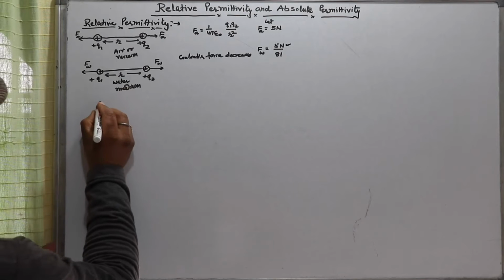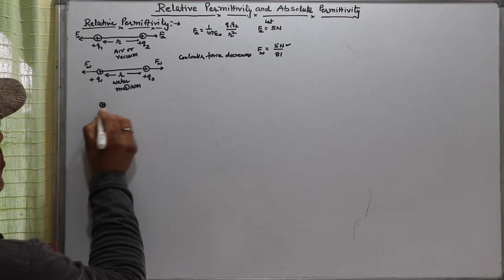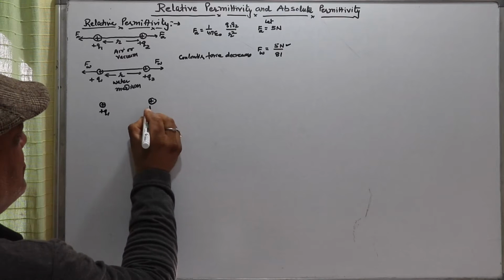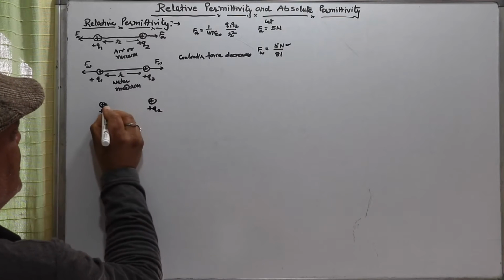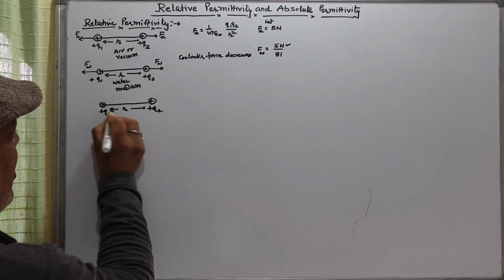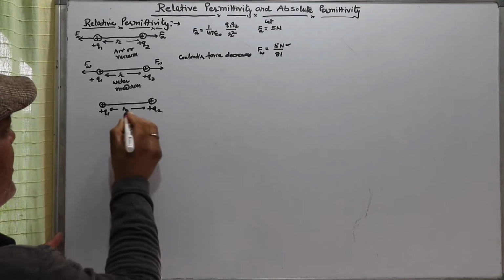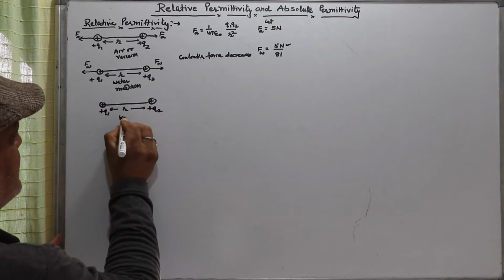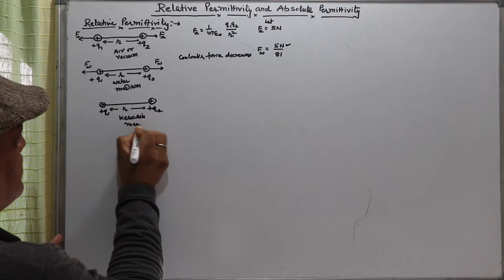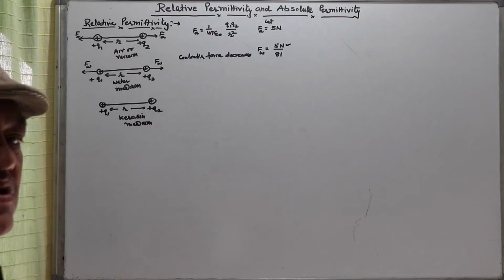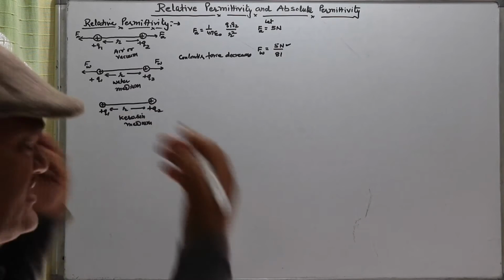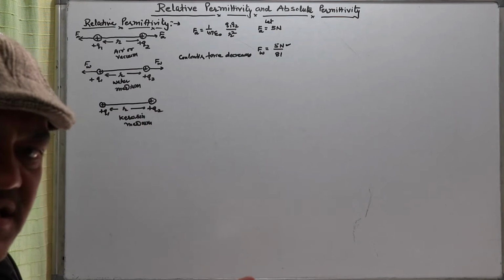Then this is the positive Q1 charge, this is the positive Q2 charge, and they are separated by the same distance r, but now they are placed in kerosene medium. Again the medium is changed, but the charges are the same, placed at the same distance apart.